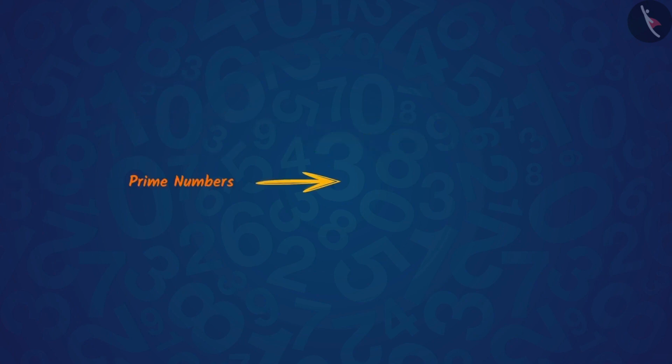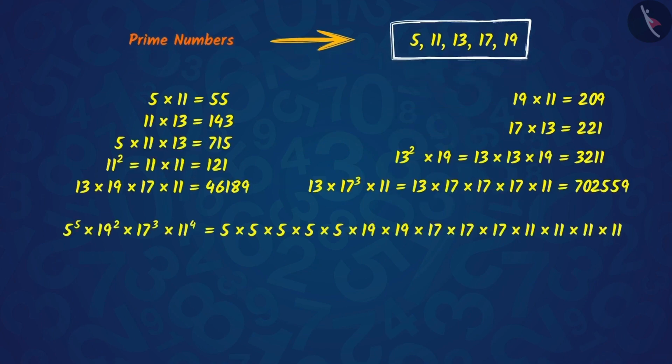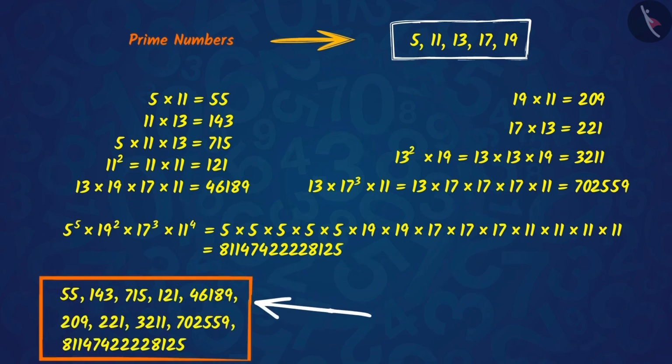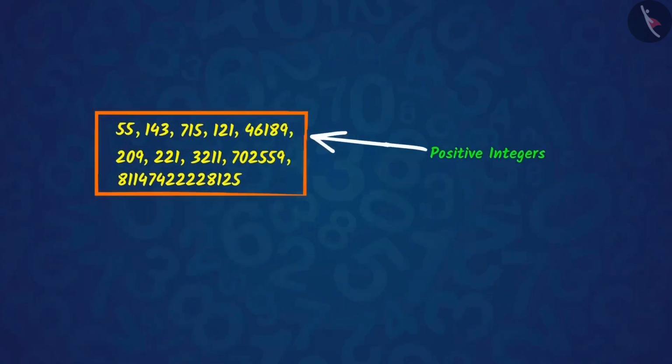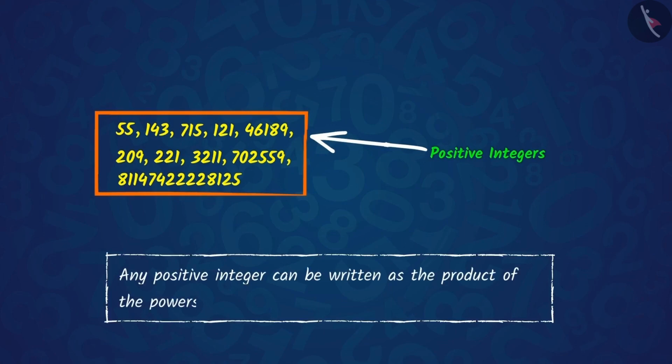If we take a group of prime numbers, and multiply some or all of these numbers any number of times, we will get a positive integer in each case. Therefore, we can say that any positive integer can be written as the product of powers of prime numbers.